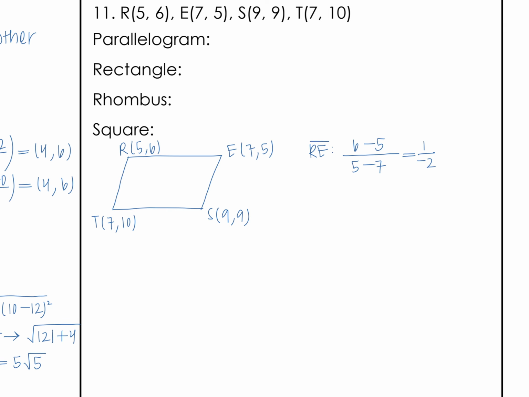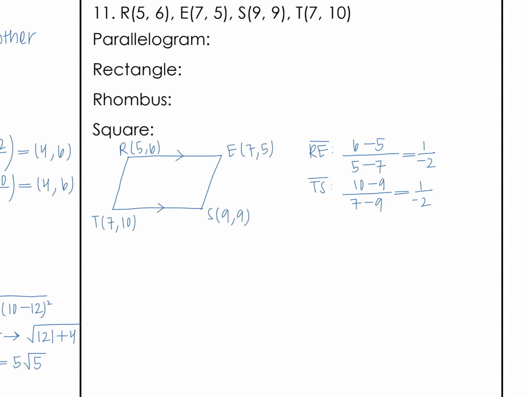So we're going to get a slope of negative 1/2. Then checking, we've got TS. We can do 10 minus 9, and then 7 minus 9. So we're going to get 1 over negative 2 again. So we've got one pair of opposite sides to be parallel to each other.